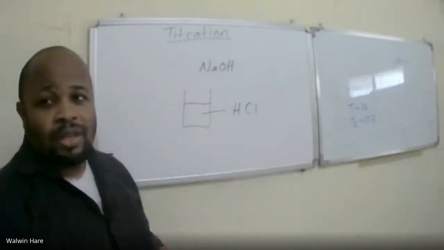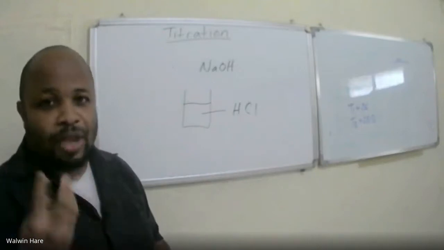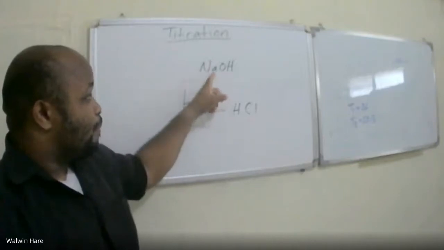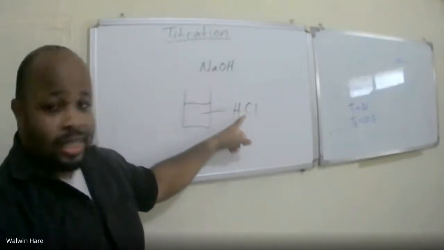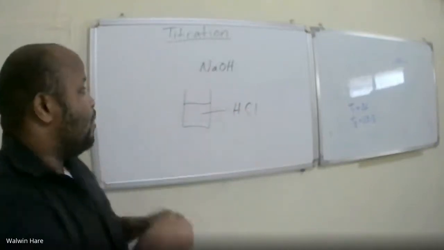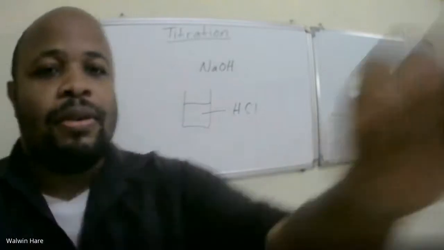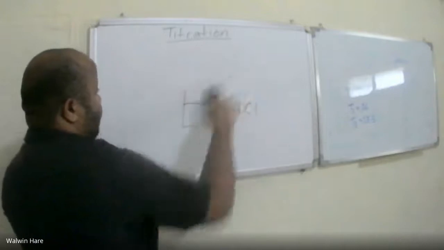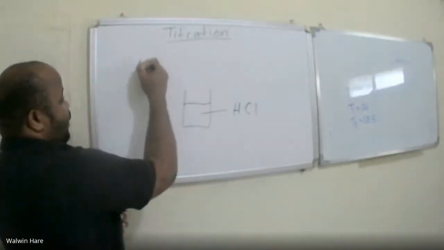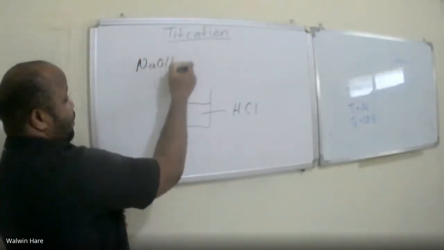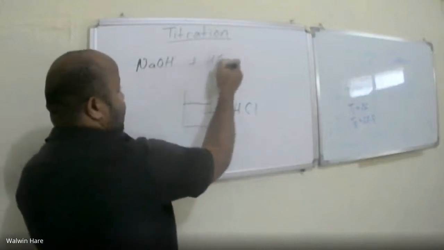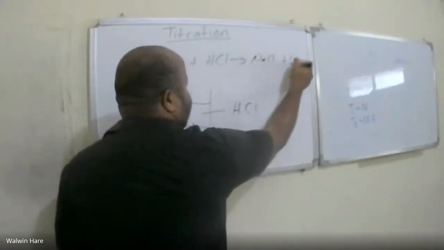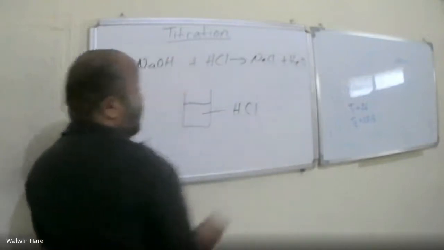The equivalence point is a little different from the endpoint. So let me just do an equation and explain it. When sodium hydroxide reacts with hydrochloric acid, we know we will get sodium chloride and water.